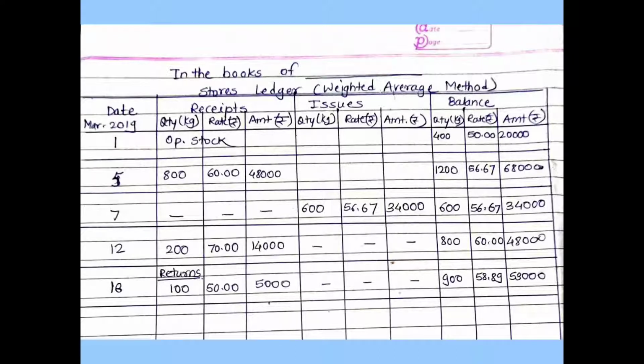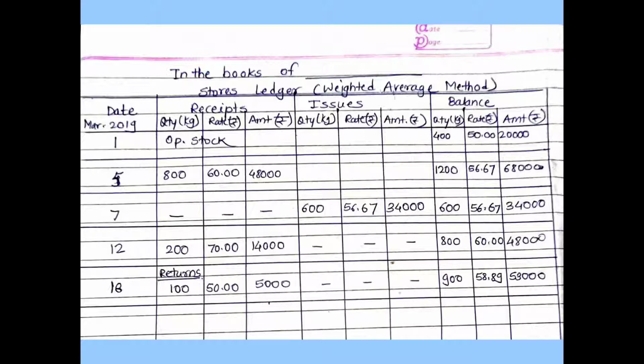The instruction is given that these returns belong to your opening stock. These were issued from this 400 kg rubber, so we have taken the rate here as 50 rupees. So 100 kg material at the rate of 50, making amount 5,000 rupees. So again put dash into the issue column.